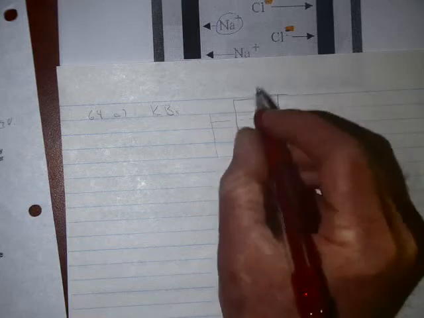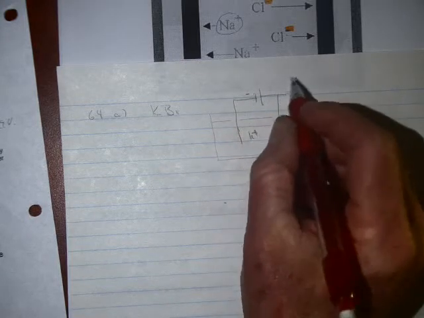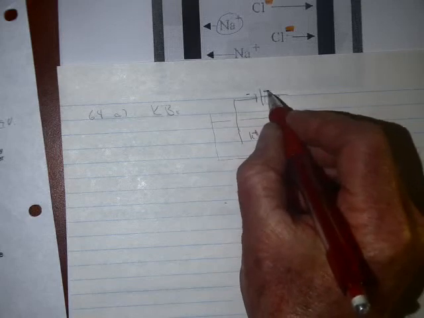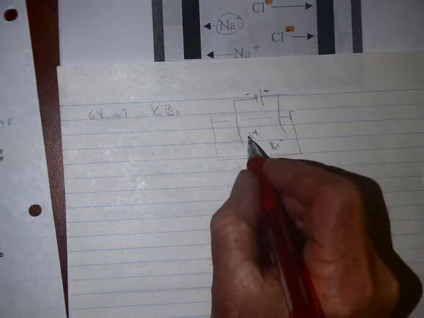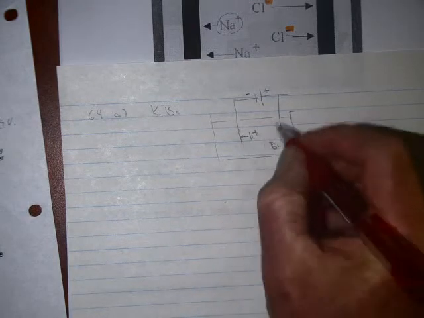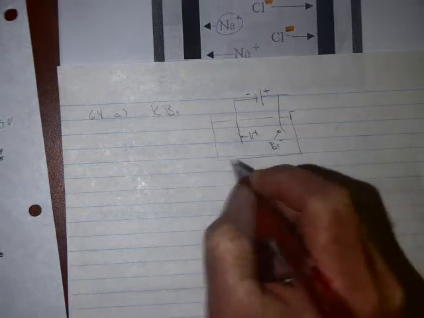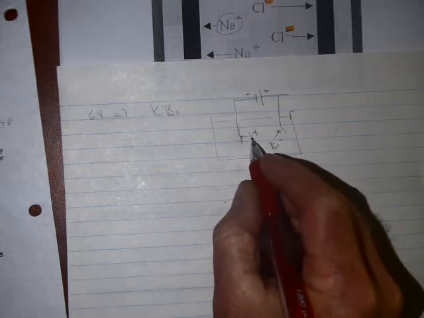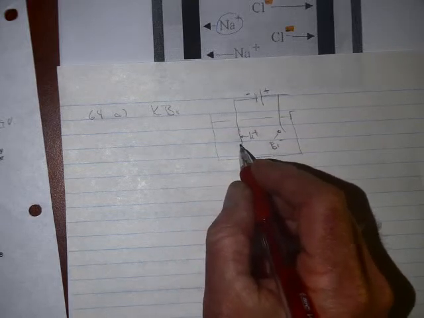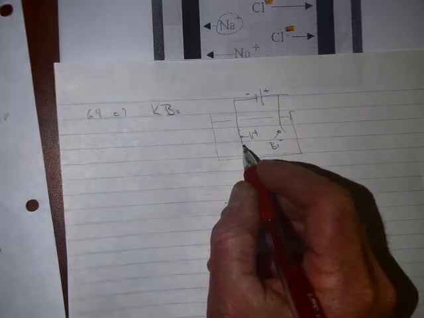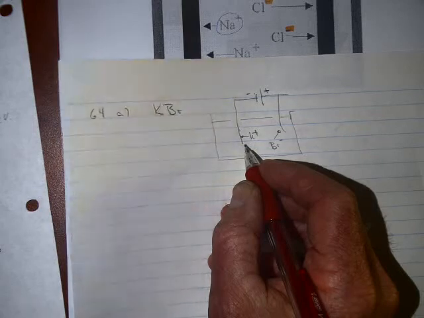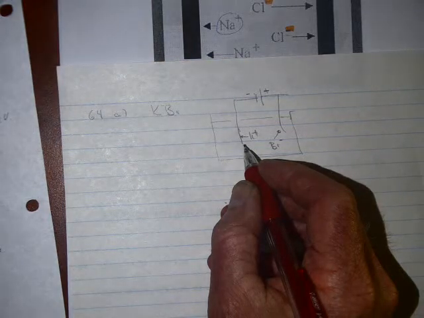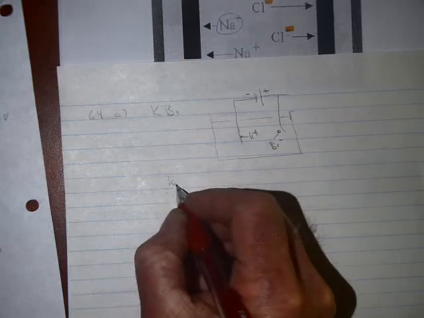This is the negative side, so that's the cathode. This is the positive side, that's the anode. When electrons go through here, we're going to see potassium go here and bromine go here. We can see right away that the cathode side is going to be reduced. So we're going to have potassium.